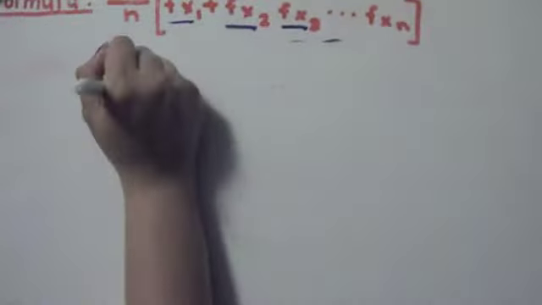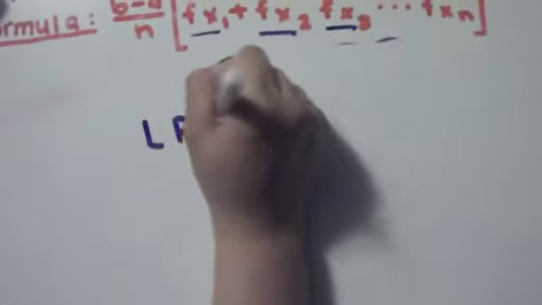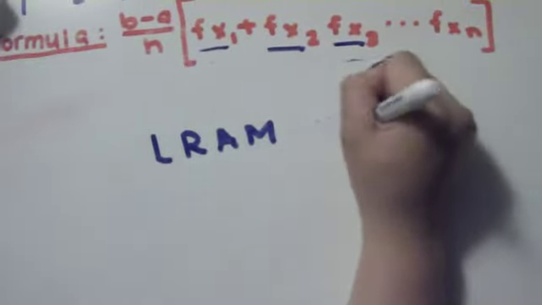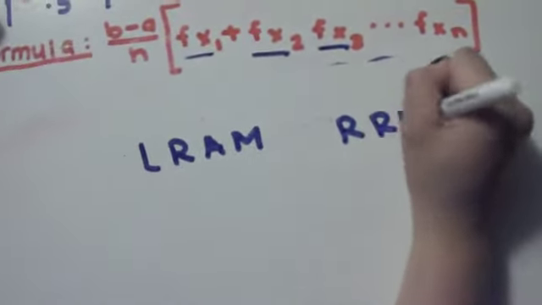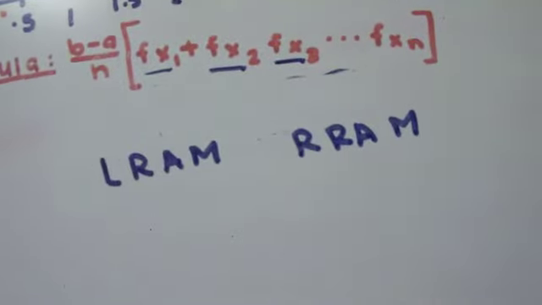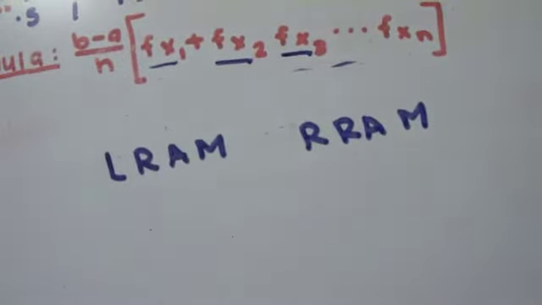Right now, most of these problems are going to ask you for either LRAM or RRAM. They might ask you for another one, but I'm not talking about that today.